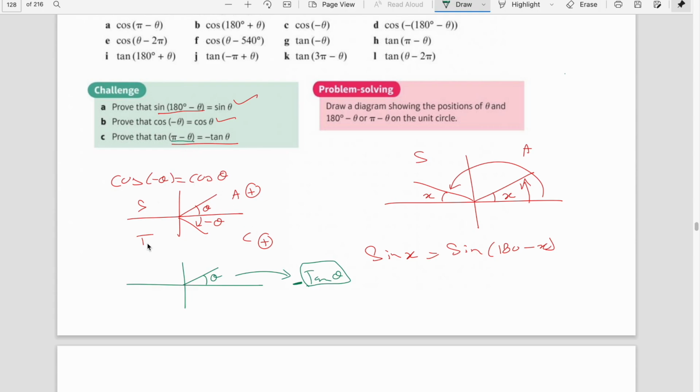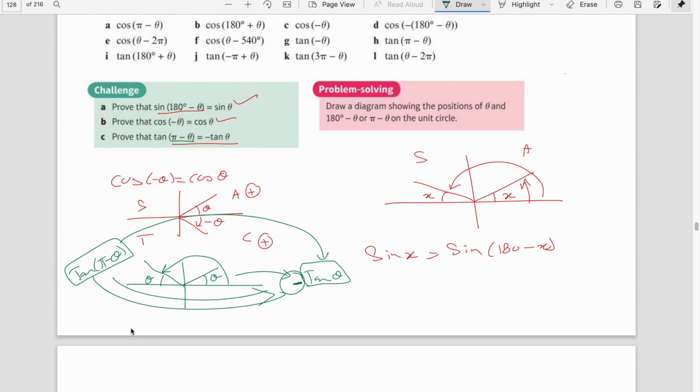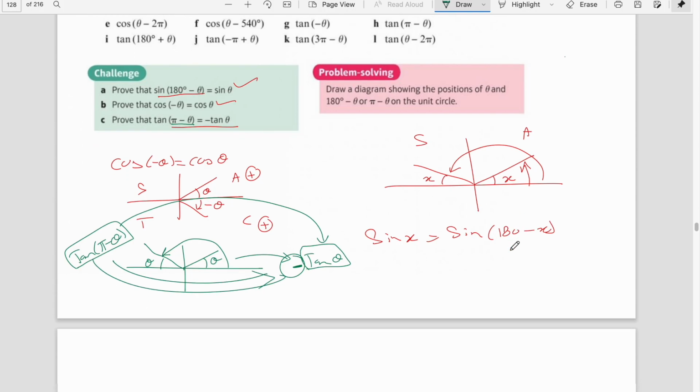Now pi minus theta is bringing me here. Pi minus theta, because this is the basic angle. So tan of pi minus theta, or I say 180 minus theta, is obviously in the second quadrant, which itself is already negative. So it makes sense that these two are equal in magnitude, and this adjustment of sign makes them equal to each other and balanced.